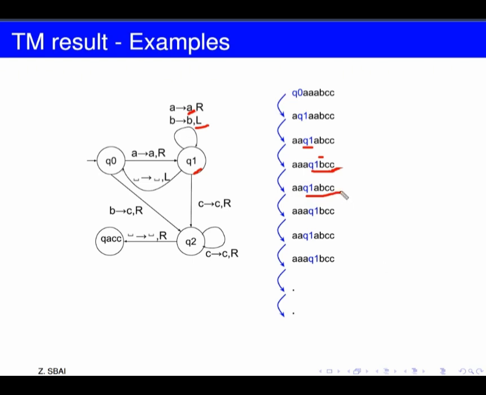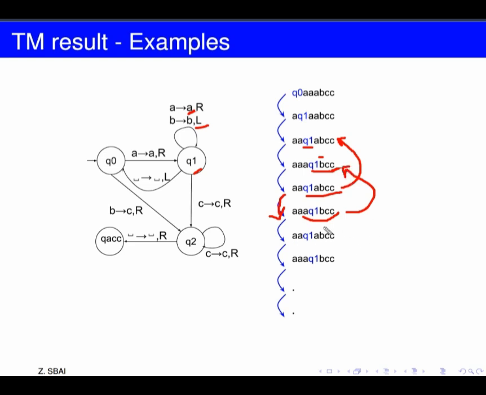Here it's the same configuration as before. So we will be in the same situation as before, and we will apply the next yields, and we will obtain AAQ1BCC, which is this configuration.